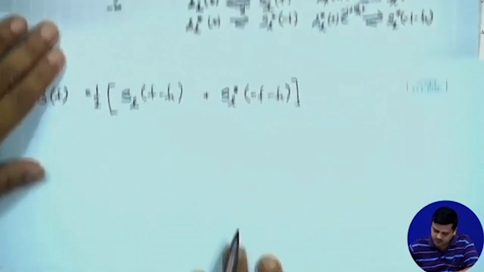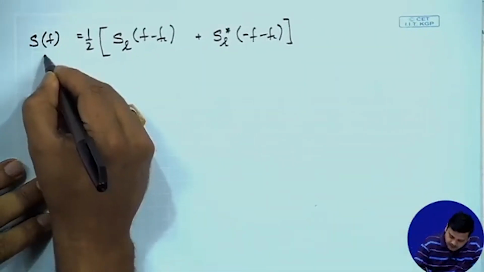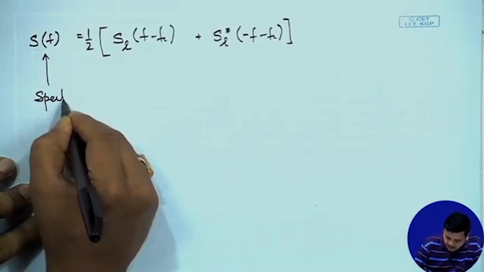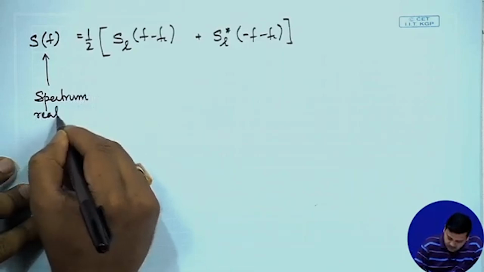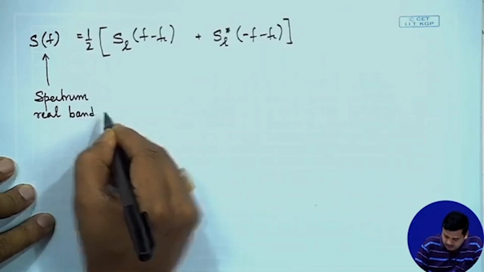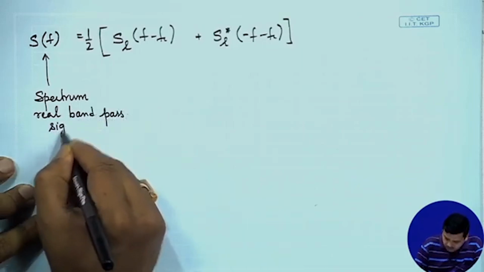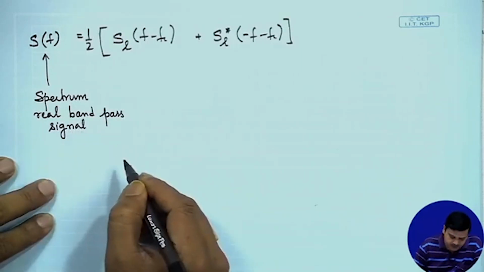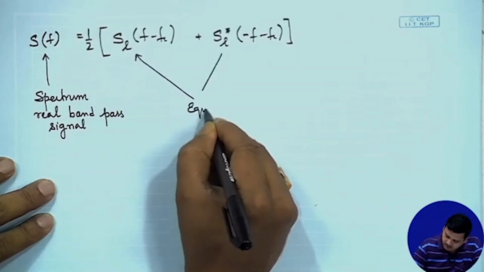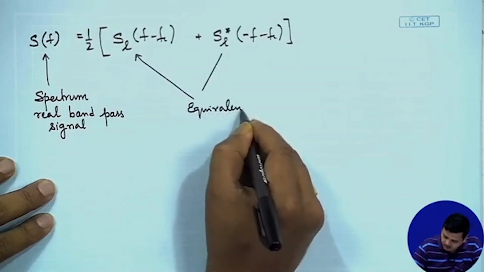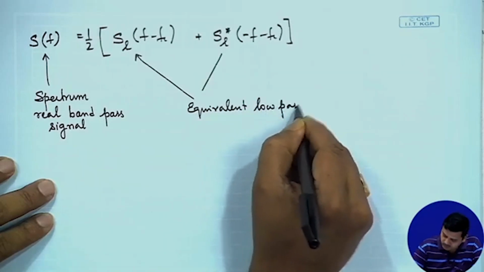So, what we see through this particular relationship is that the spectrum that we have on the left, the spectrum of the real band pass signal can be represented in terms of its equivalent low pass signal.